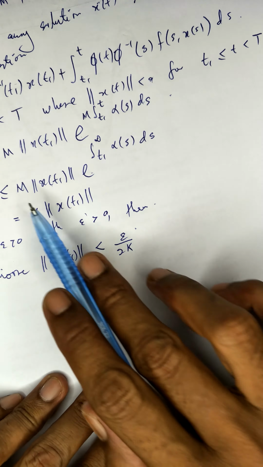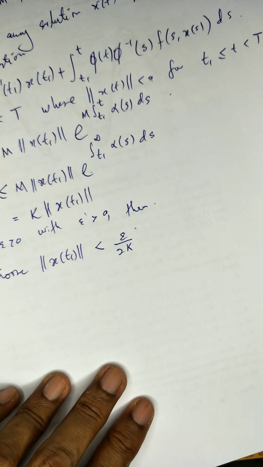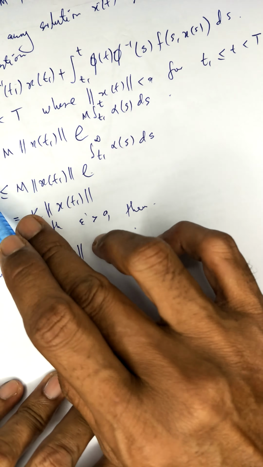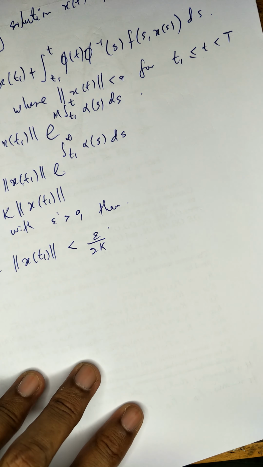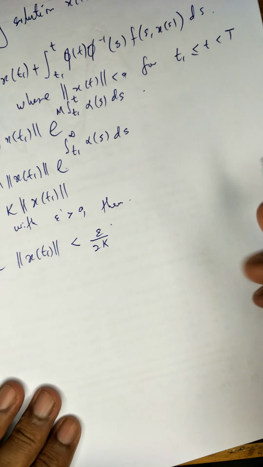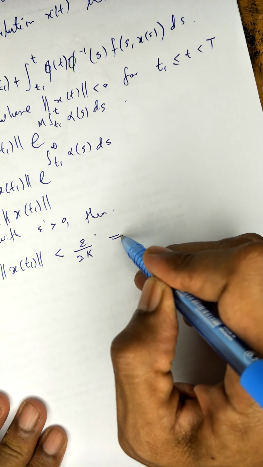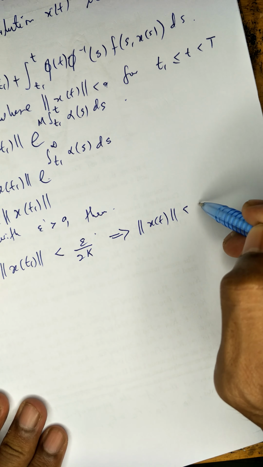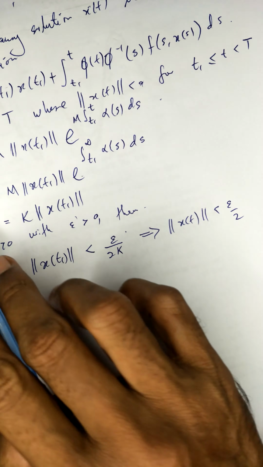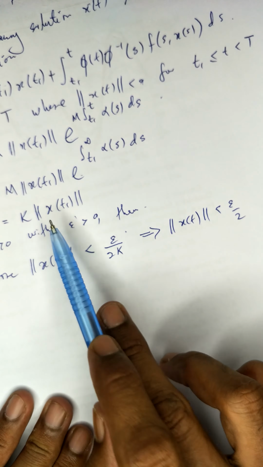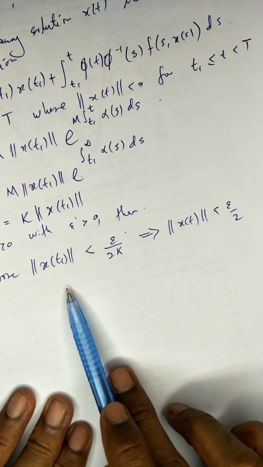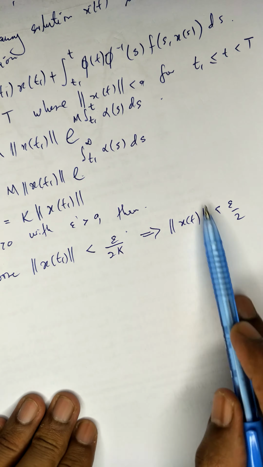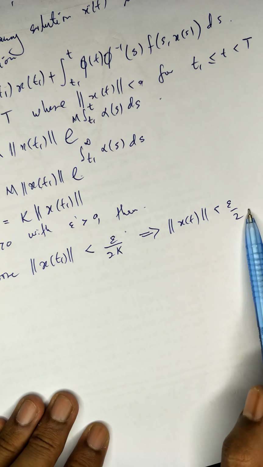The reason why is because we want to show all those things are less than epsilon. We want to show that x is less than epsilon, which implies that x(t) is less than epsilon over 2. This is from that, because we choose x(t1) less than those things, you substitute into there, so we have this.